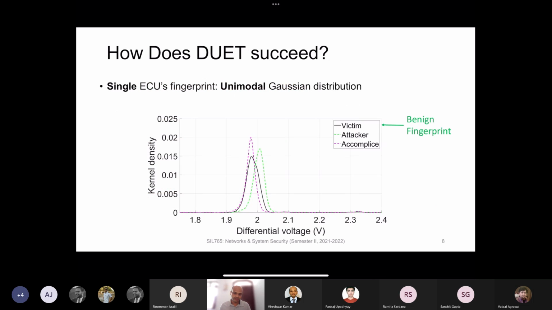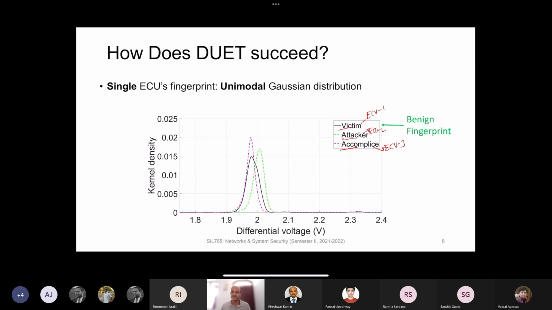Okay, so now let's look into the same figure, ECU1, ECU2, ECU3. If you go ahead and plot the voltage distribution of the three ECUs, the victim, attacker, and accomplice, remember that the attacker and accomplice are also electronic control units connected to the same bus.